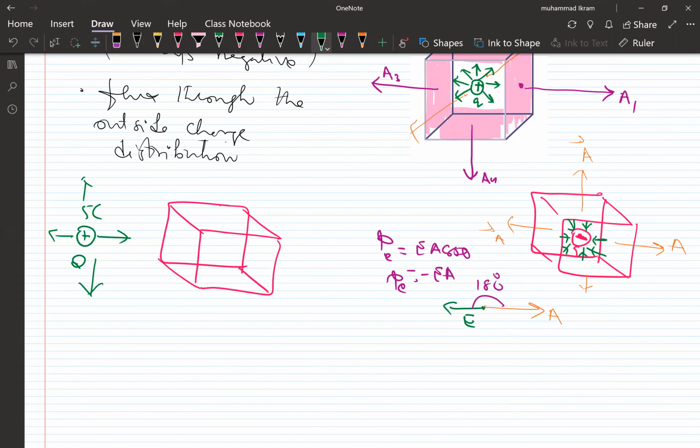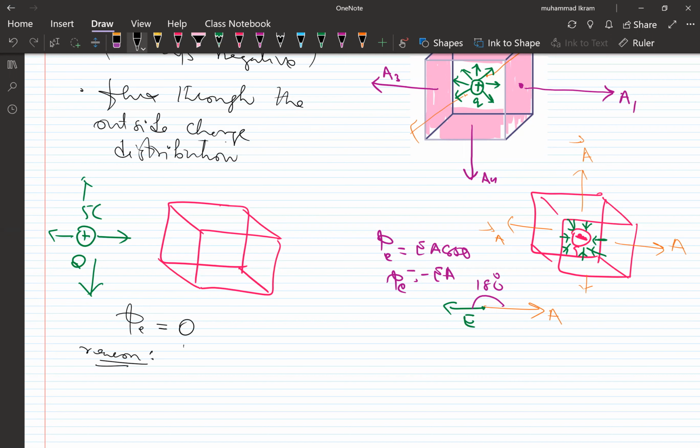Due to this charge distribution, the electric flux is 0. Why? What is the reason? The reason is that the charge distribution lies outside the closed surface. So the flux through the surface is zero, and it must be zero.